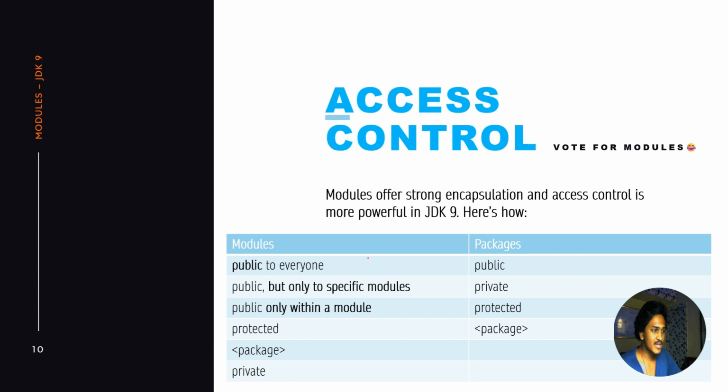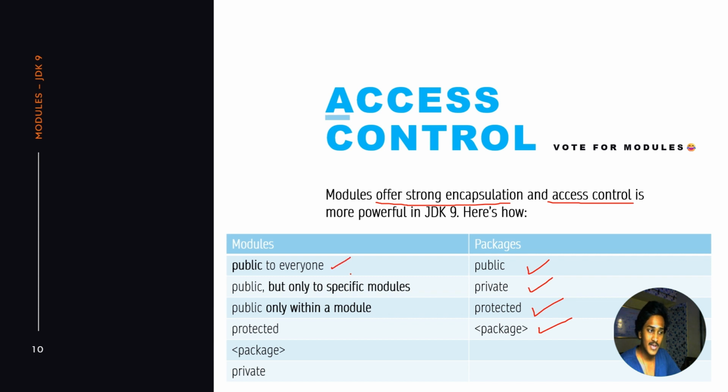Modules definitely offer strong encapsulation and access control because prior to JDK 9, with the use of packages, you would have only four access specifiers: public, private, protected, and package private, which in common terms you called the default access specifier. Now, what modules bring with them is that a package can be public to anyone.